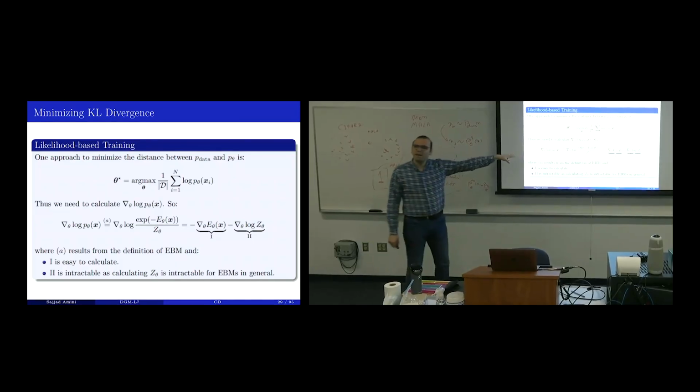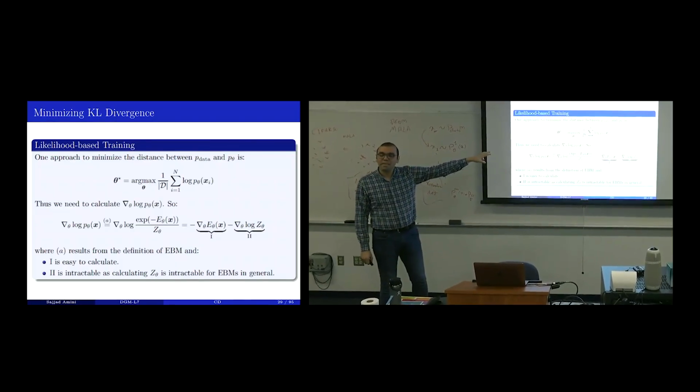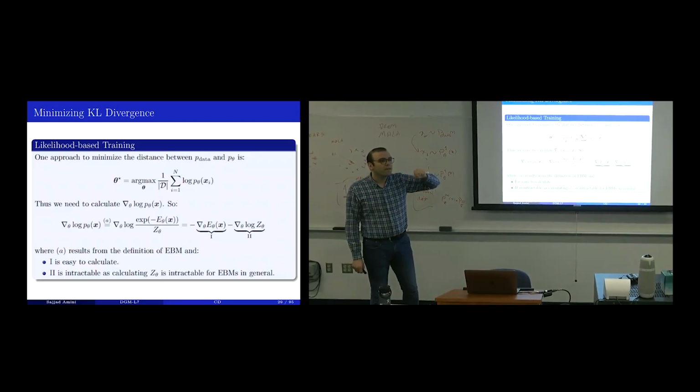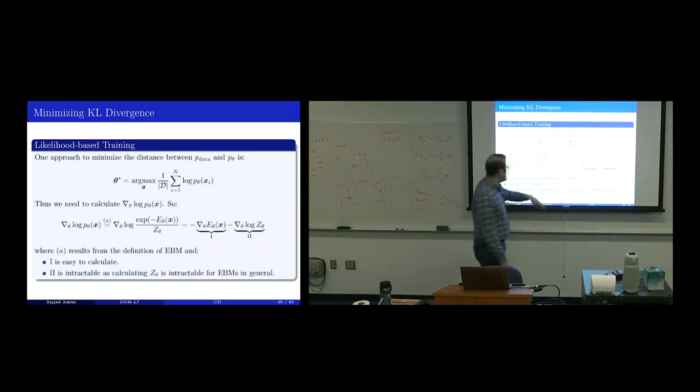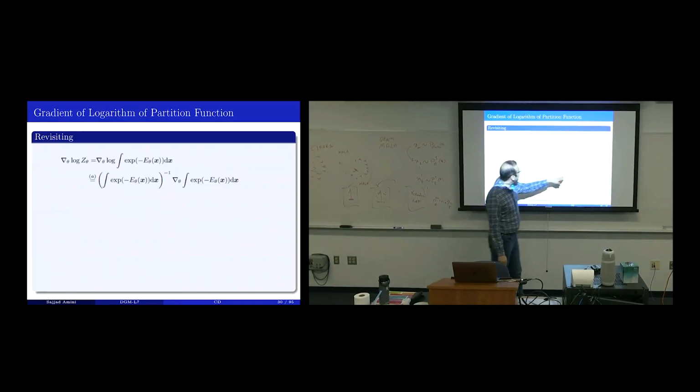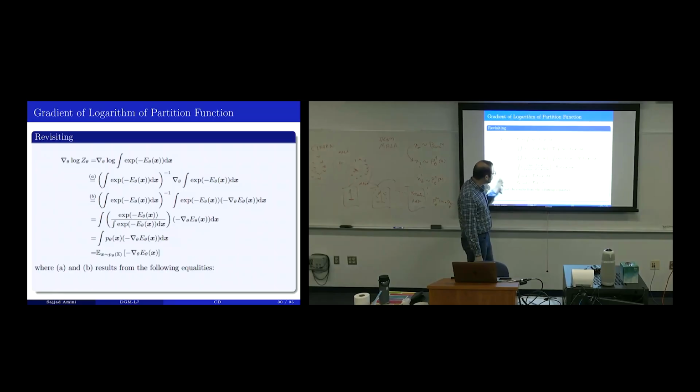Why did I forget this approach? Is it time consuming? Yeah, time consuming, because if I need to calculate this gradient, I need to sample from the true model. Pay attention to the keyword: true model, not data. True model.